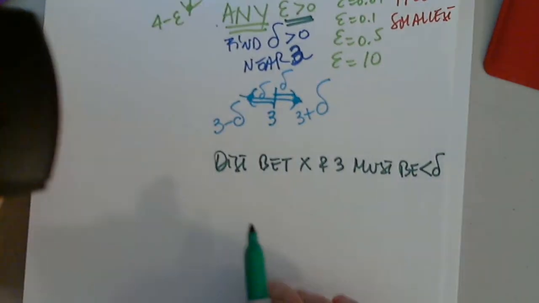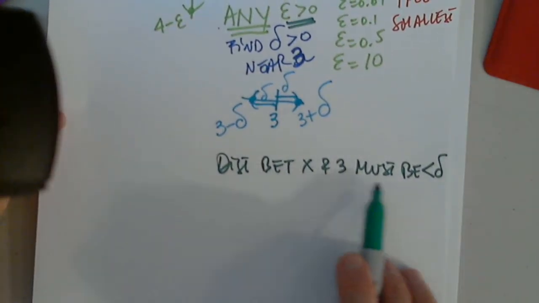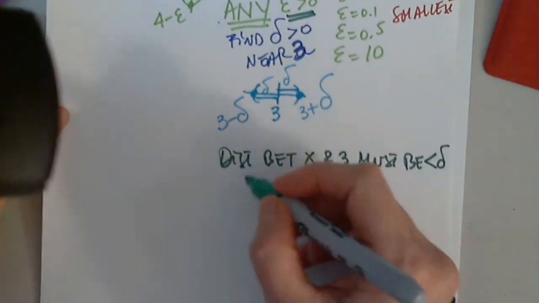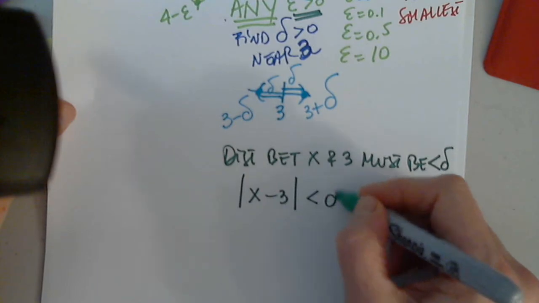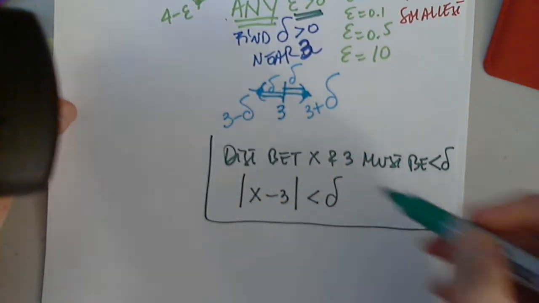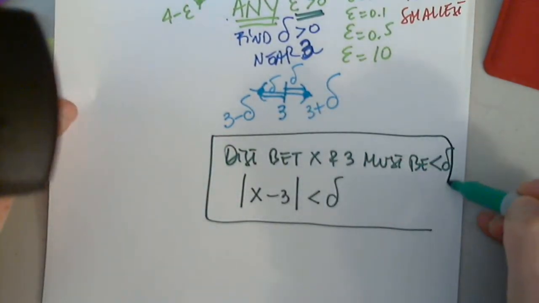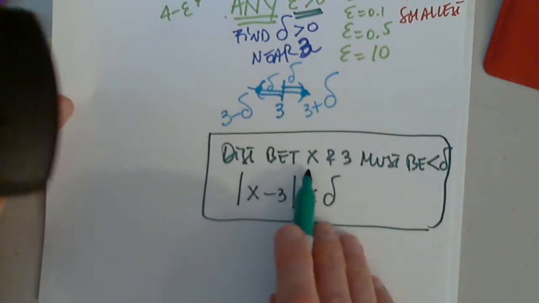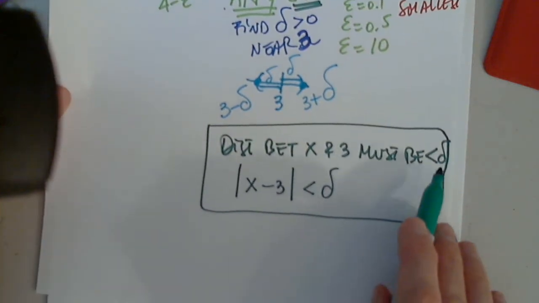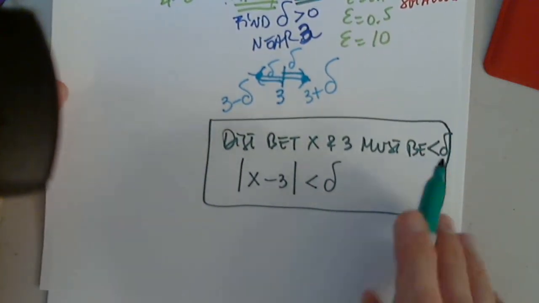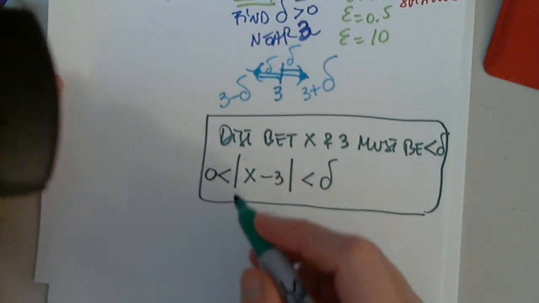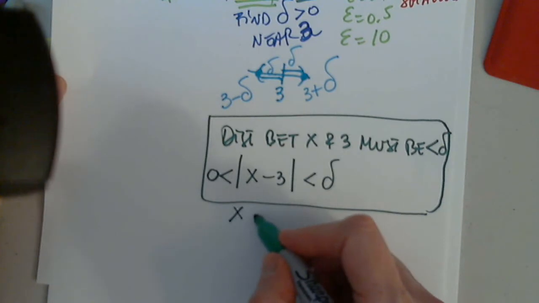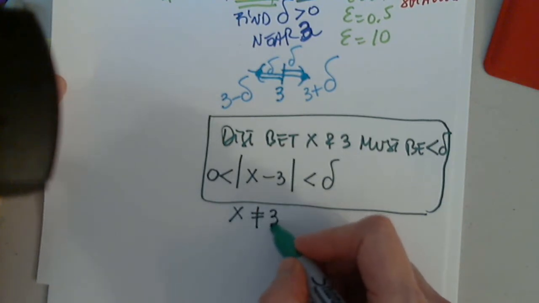Muted. Okay, so the distance between x and 3 must be less than delta. And this is how we represent this. This is the concept that I'm talking about: the distance between x and 3 must be less than delta. The reason why you see this here is because x cannot be 3.